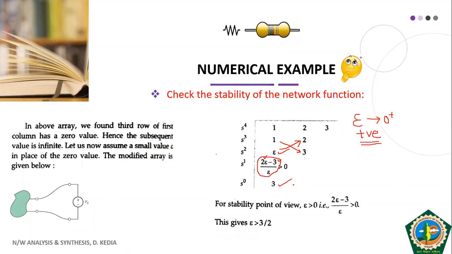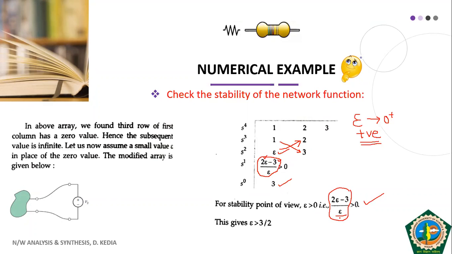Now in order that this network is stable, we want that all the elements in the first column of the Routh array must be greater than 0. So epsilon greater than 0 we have already assumed. Here, we have to get that value that will give us a positive value. So what we have shown here is that twice epsilon minus 3 by epsilon has to be greater than 0.